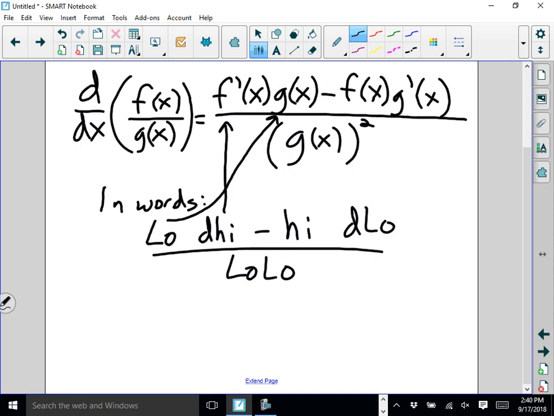So there's low g, d high, f prime, minus high function, which is f, d low, derivative of low, which is g prime, over the low function times the low function, or low squared, or g of x squared.